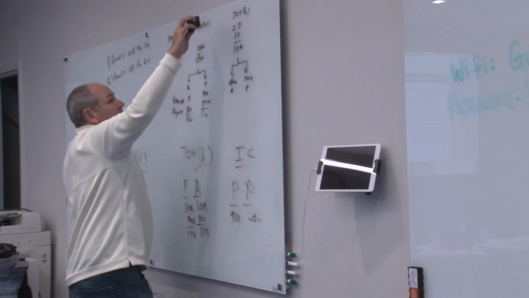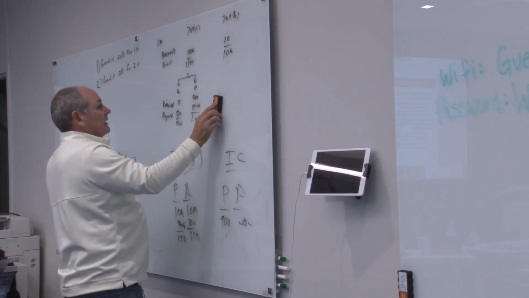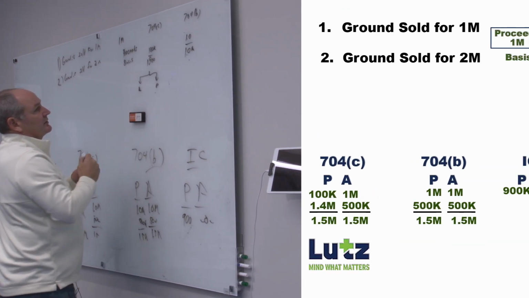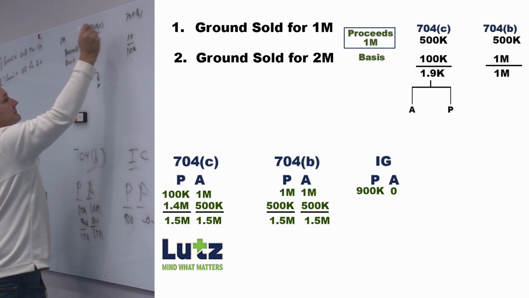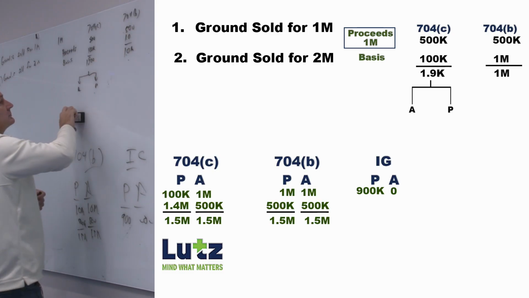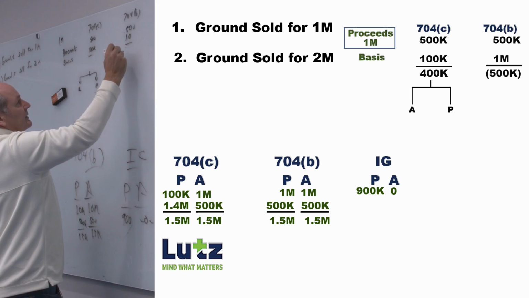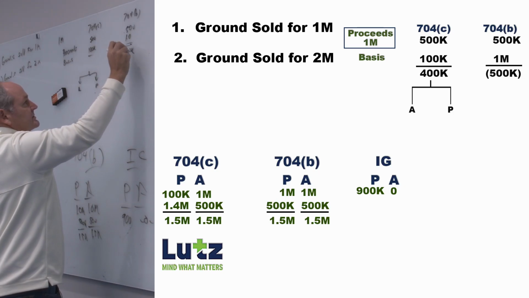What happens if you sell for 500,000? I hate that question. But let's do it because I'm never really sure, honestly. Let's see if we can make our capital accounts work. Okay, so if we sell for 500, this is a 500K loss, correct?